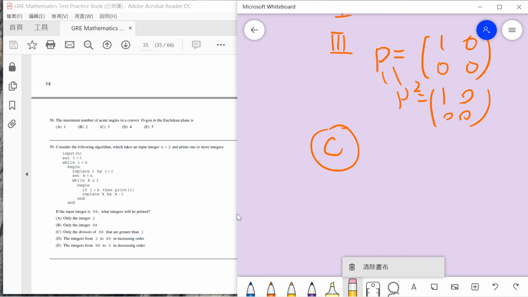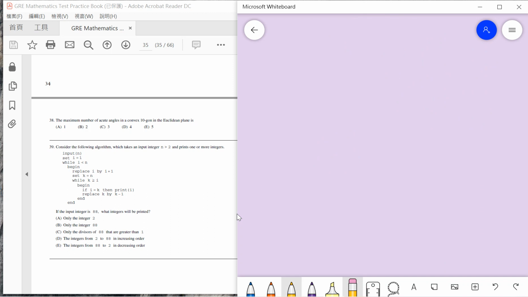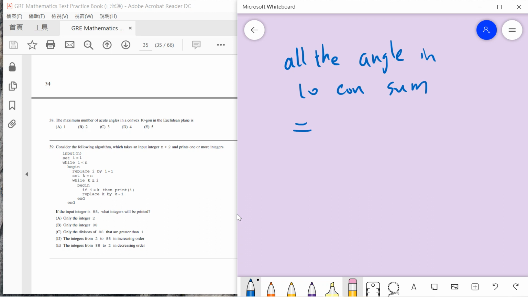But I will choose an analytical way. So remember that the summation of all the angles in the decagon is equal to 8 times 180 degrees.